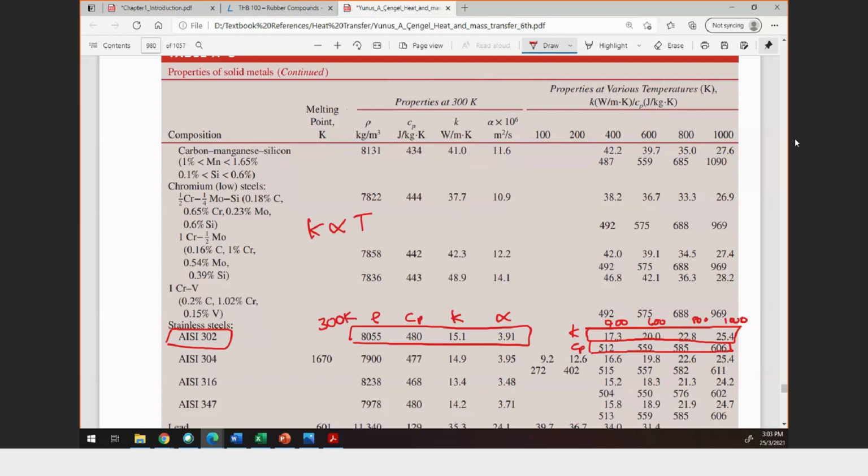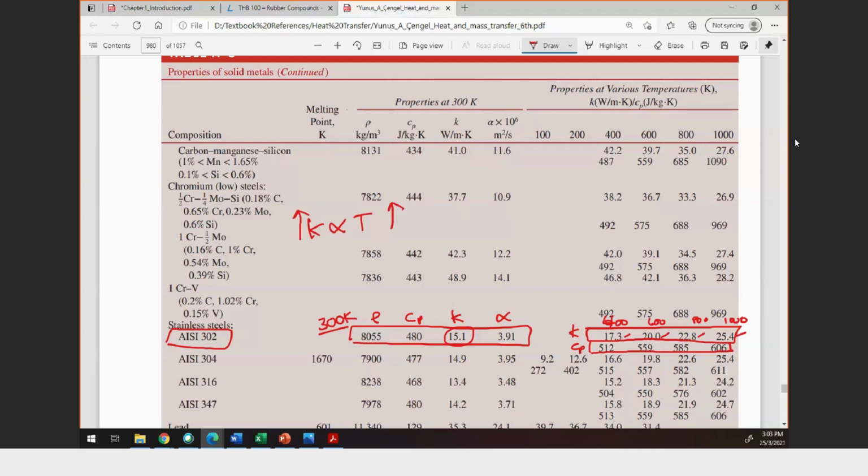If you look at the K value at 300 Kelvin, it is 15.1. But as you increase the temperature to 400, the value increases: 17.3, 20, 22.8, 25.4. This is the explanation of what I said, that thermal conductivity is a function of temperature. As the temperature increases, the K value will also increase.